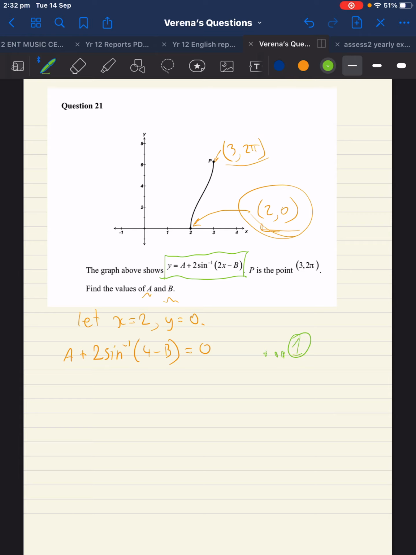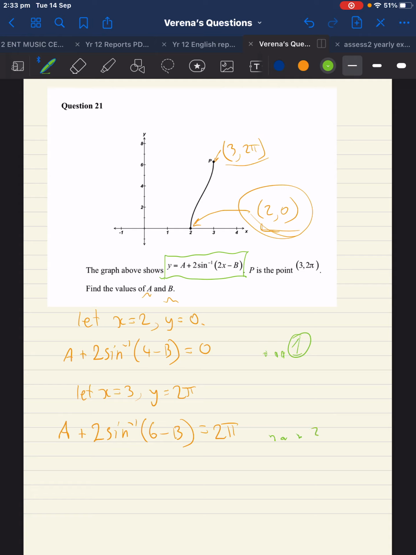And now looking at the second point that we were given, when x is 3, y ends up being 2 pi. So subbing those values into our equation gives us this result: a plus inverse sine of 6 minus b will be equal to 2 pi.